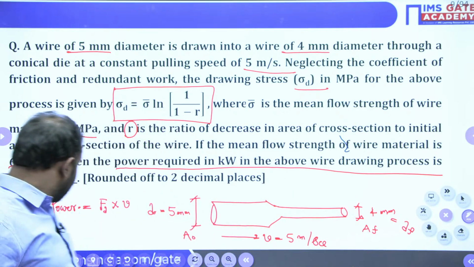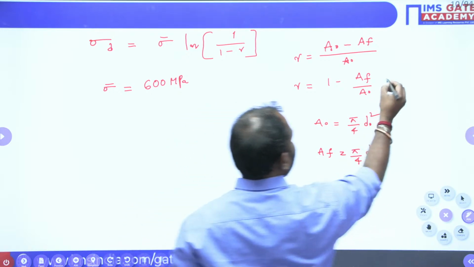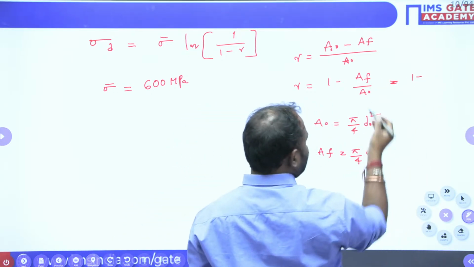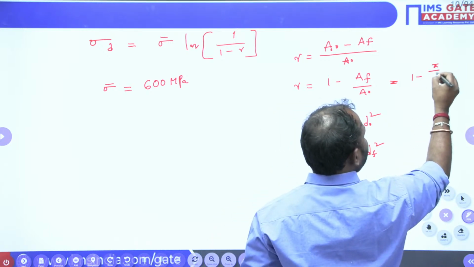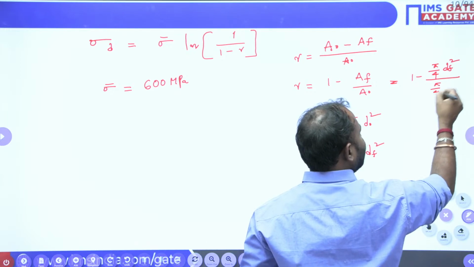Clear, everybody? Let us substitute the values: R equals 1 minus pi by 4 DF square divided by pi by 4 D0 square.